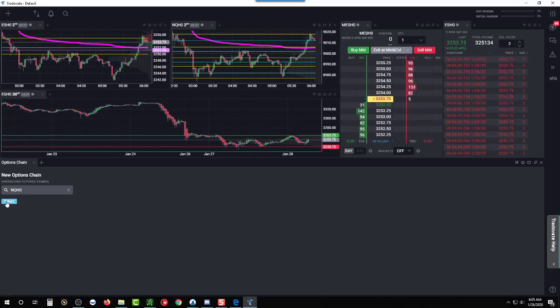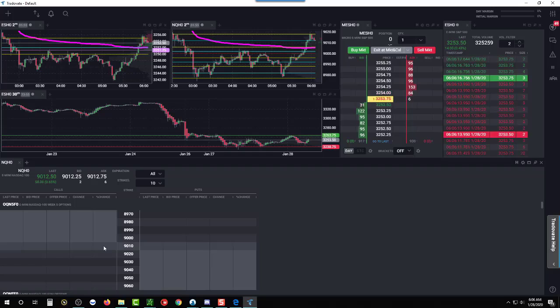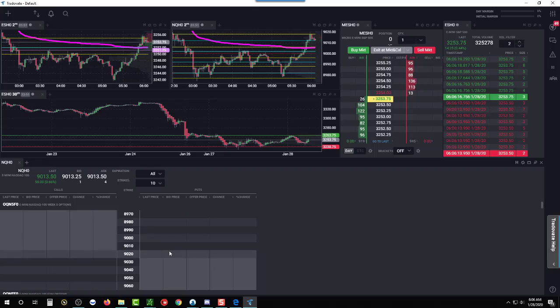Tradovate does offer options trading. Now the market is closed right now, and we don't trade options when the market is closed, so we don't see anything in here right now for bid and offer and price.